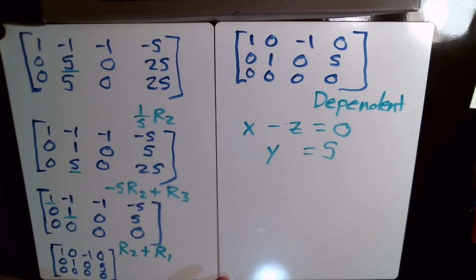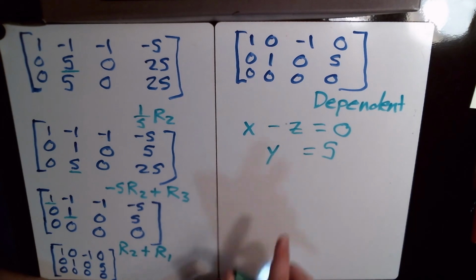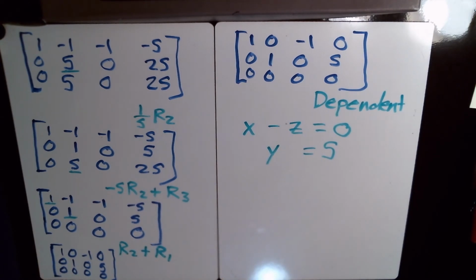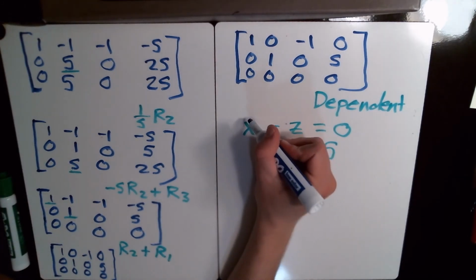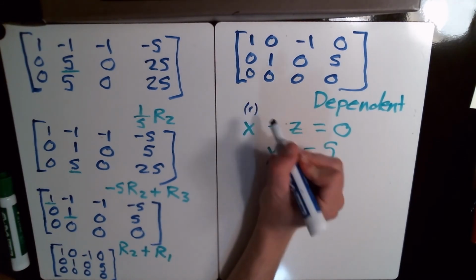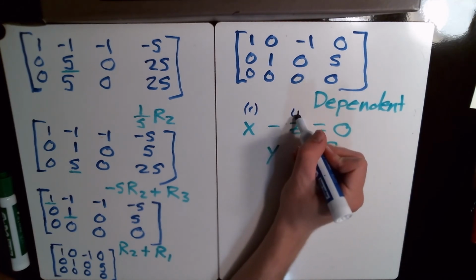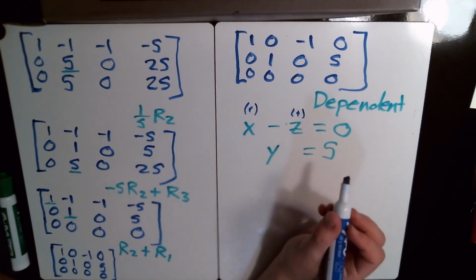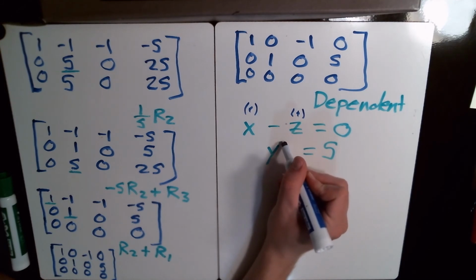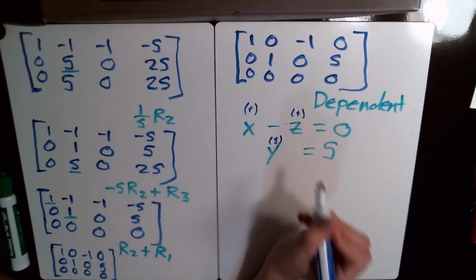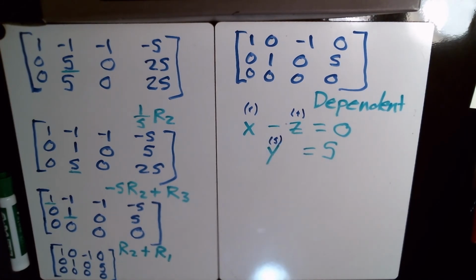So maybe I'm just going to use x, y, and z. But in the original problem, they used r, s, and t. So really this would be r, and then this would be t, and this is s. Okay, but I'm just going to use x, y, and z. It doesn't really matter. Okay.